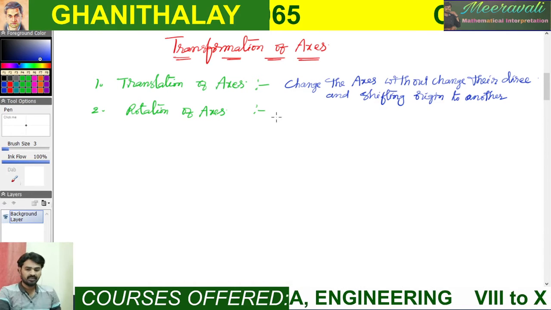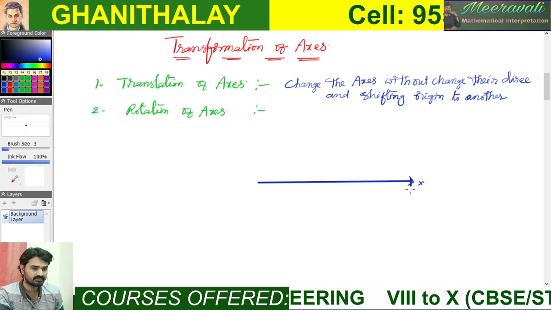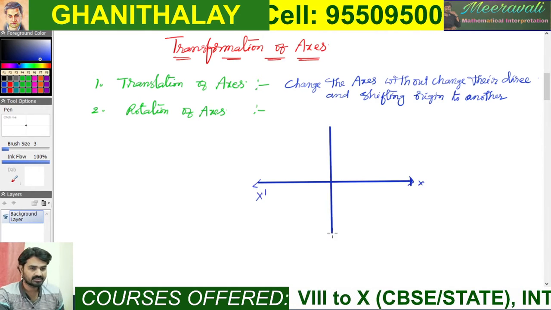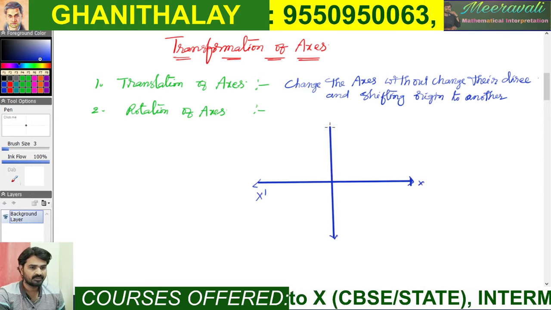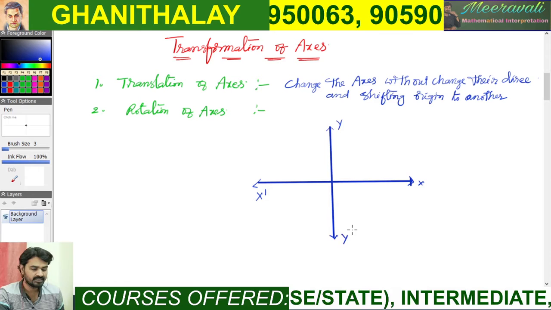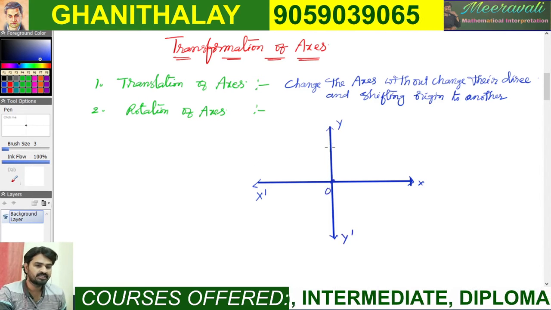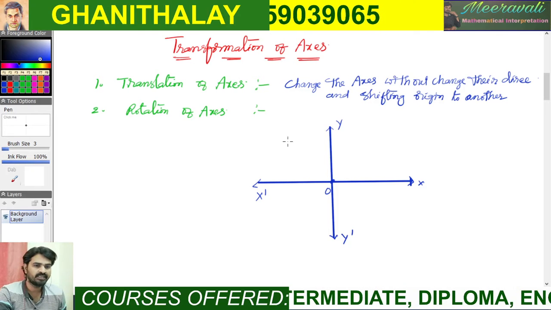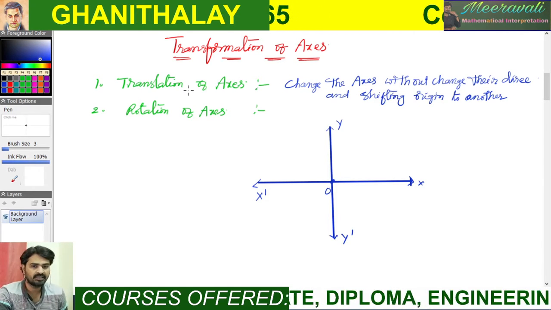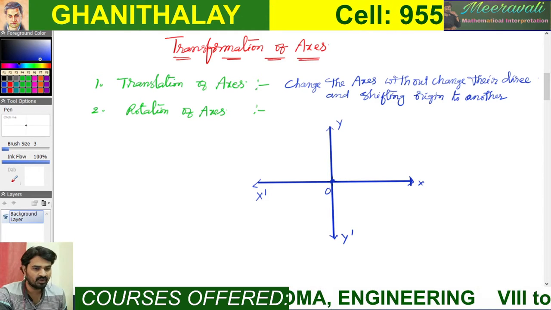Diagrammatically, suppose you take the coordinate axes, x-axis and y-axis, and this is the origin. So this is the original system. Now how to change the axes here? By using the translation of axis. In the translation of axis, we can shift the origin.